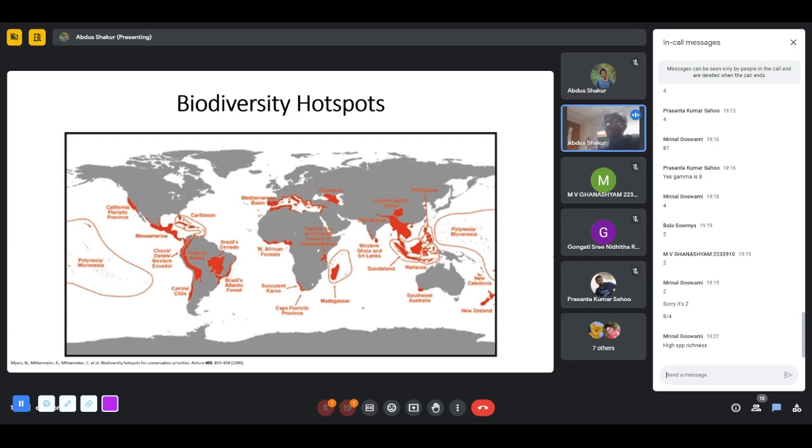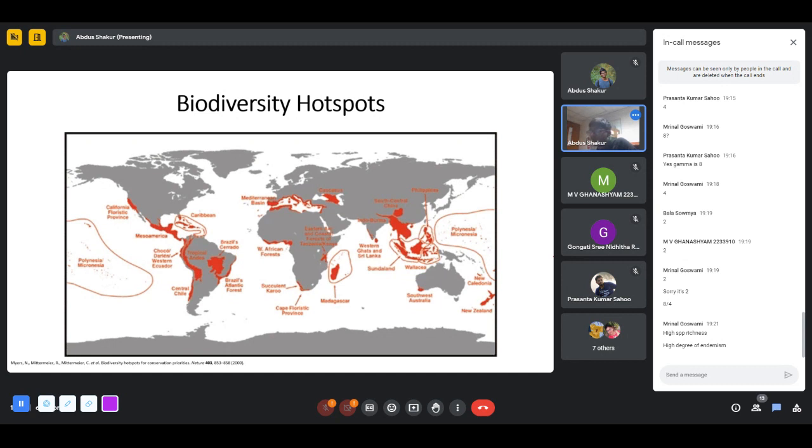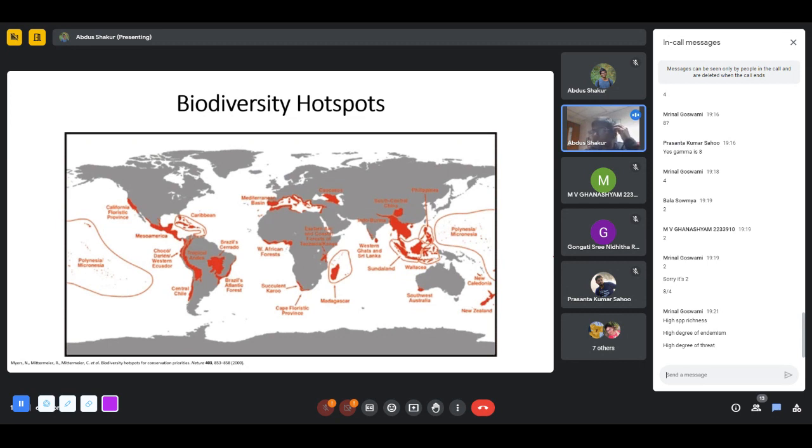Is it the only criterion, or is there also a high degree of endemism? Yes. Others, if you want to add, you can write in the chat box or speak up. High degree of threat. Yes, those are the major aspects.